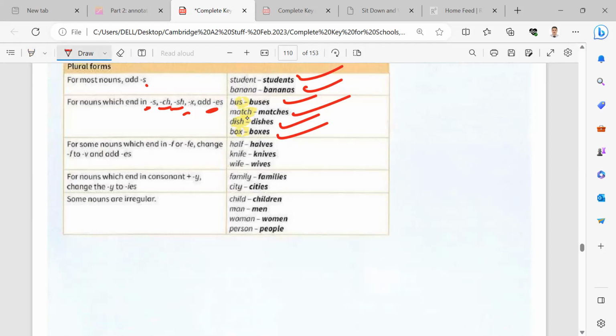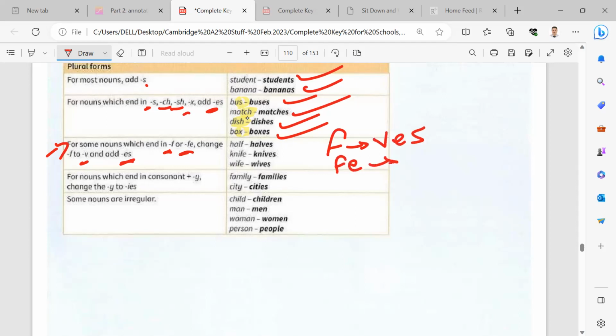Now the second group here, some irregular nouns, some nouns which end in F or FE. Change F to V and write ES. Like what? Half, halves. Knife, knives. Wife, wives. So if you have F, you change F into V and write ES.